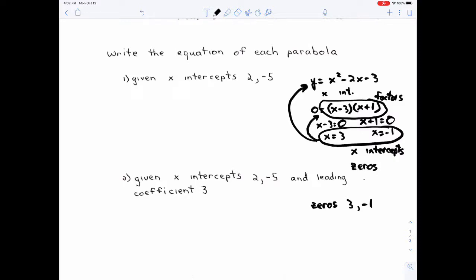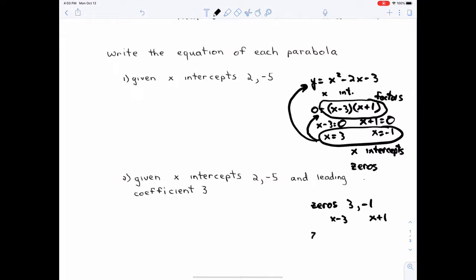Well, we know the factor x minus 3 gives us an x-intercept of 3, and a factor of x plus 1 gives you an x-intercept of negative 1, right? So the factors would be x minus 3 and x plus 1.